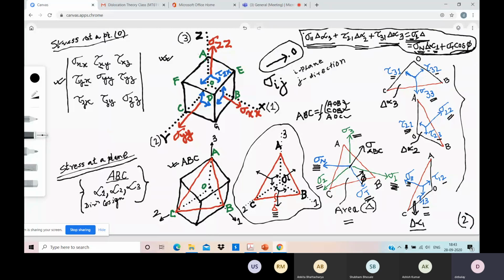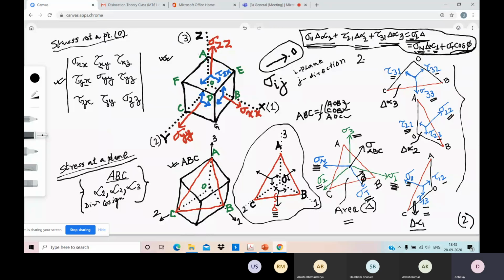Similarly, you can understand there will be force balance along direction 2 and direction 3. So can you write them down in this way? I can try. Suppose direction 2.